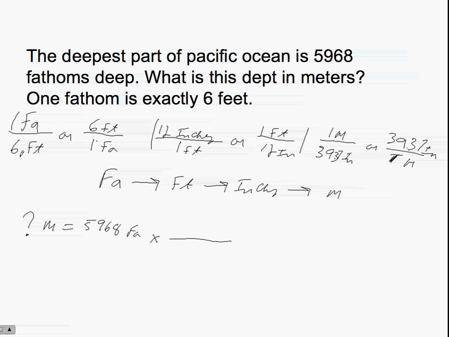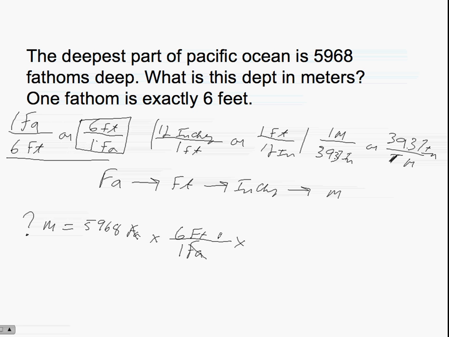If we look at our first relationship here, it causes fathoms to be in the bottom. So for every 1 fathom, we have 6 feet. Fathoms cancel out.